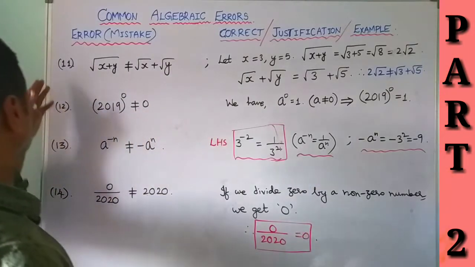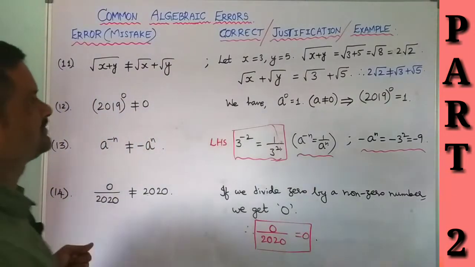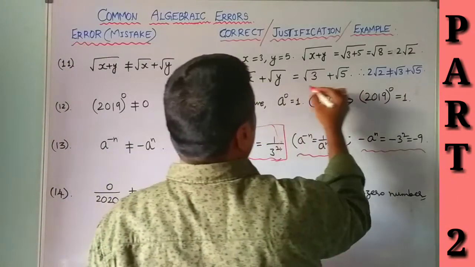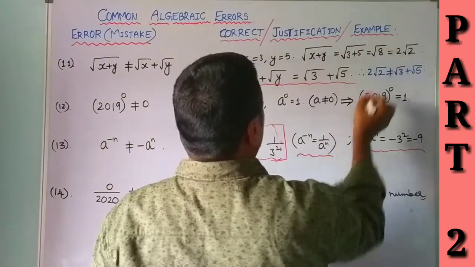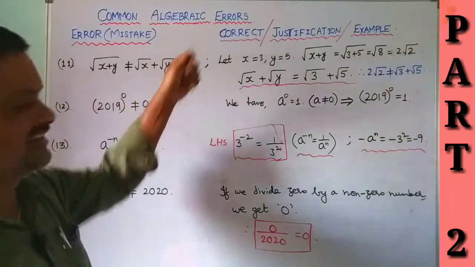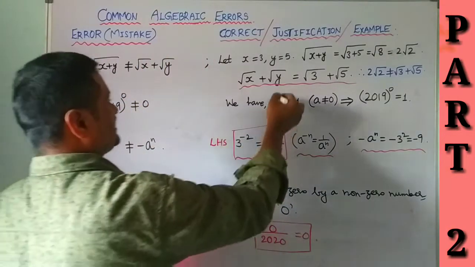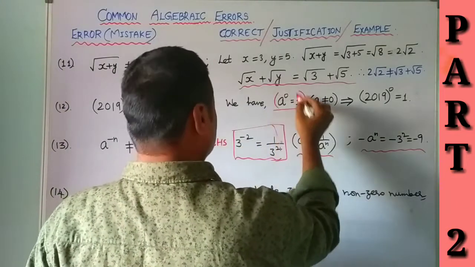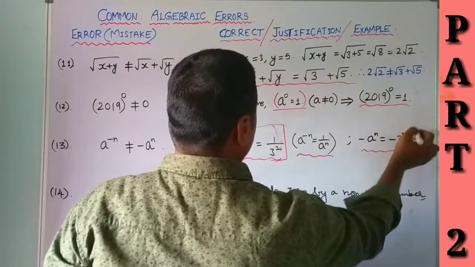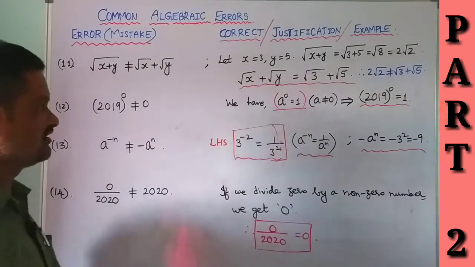So in this way, the 11th, 12th, 13th, 14th parts are corrected. By using the laws of exponents, a power 0 is equal to 1, I have corrected: 2019 whole power 0 is equal to 1.